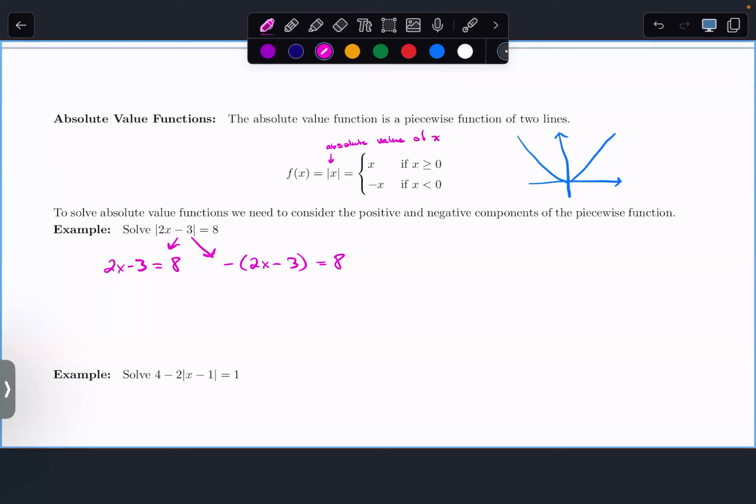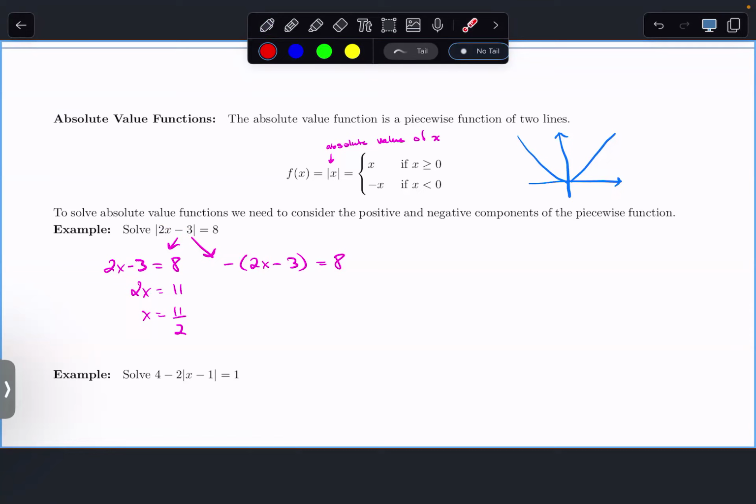And so let's see here. 2x minus 3 is equal to 8. Well, the math there is not bad. 8 plus 3 is 11, so x is 11 over 2 is a solution. You can plug it in, right? 2 times 11 over 2 minus 3 is equal to 8. That's true.